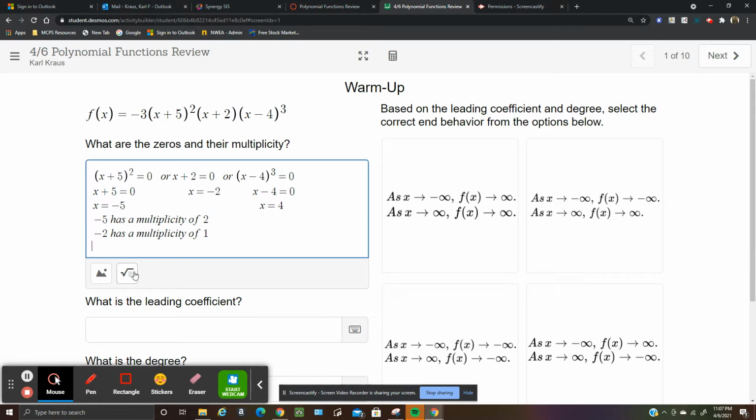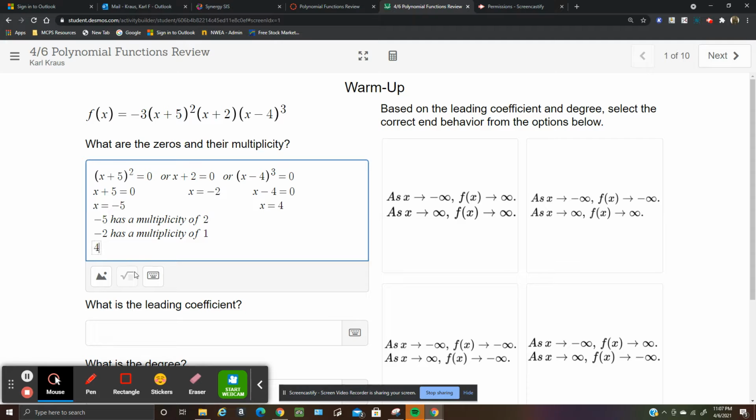And 4 is the multiplicity of 3. And the way I'm getting the multiplicity is this exponent here. So negative 5 has a multiplicity of 2. The exponent of this would be a 1. And the exponent here is 3. So if you add these together, 2 plus 1 plus 3 is 6.